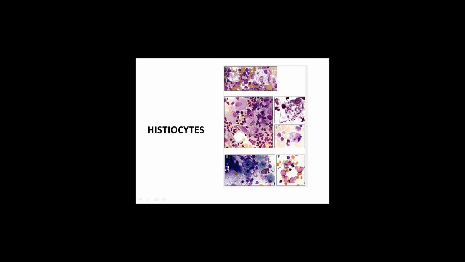Apart from erythroid cells, other cells can be seen. These are also histiocytes, and most commonly these are the sea-blue histiocytes seen in cases of CML or wherever there is a rapid turnover of bone marrow. It can sometimes be seen in cases of thalassemia also. And here again is a histiocyte which shows hemophagocytosis.